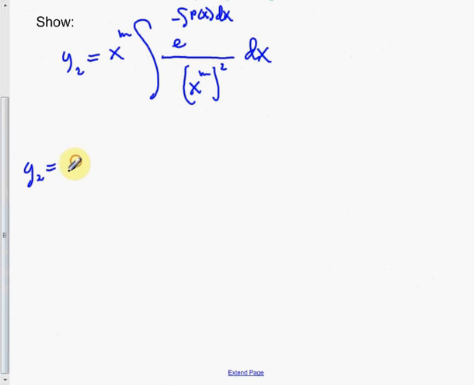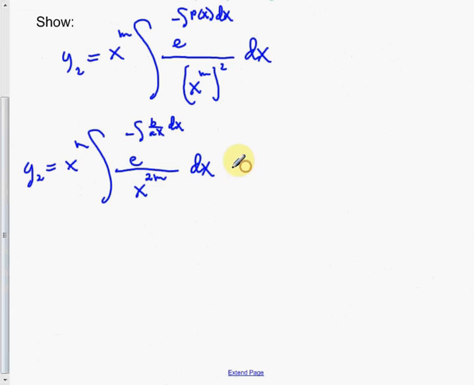So y sub 2 is x to the m times the integral of e to the negative integral of b over ax dx, all over x to the 2m dx.